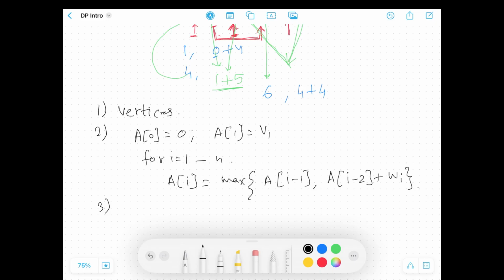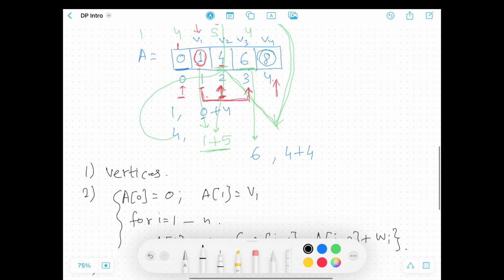Then the third step was to solve this recurrence and find solutions to the subproblems, which we did by filling up the grid.